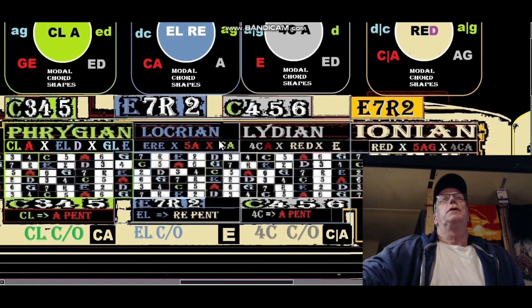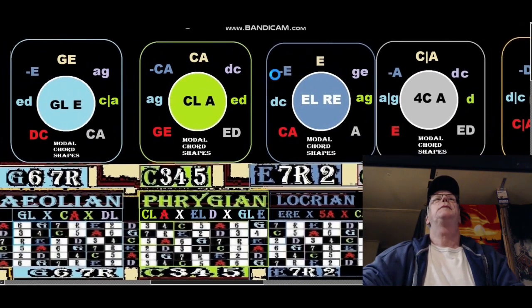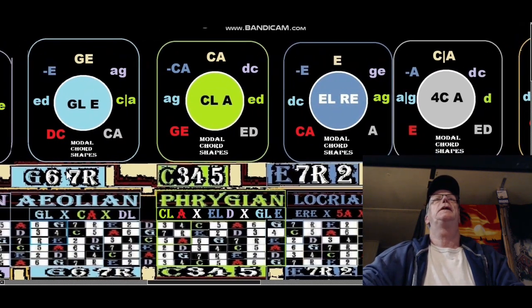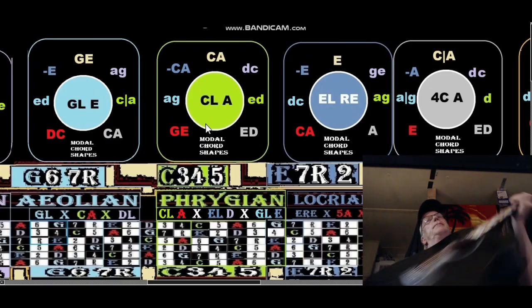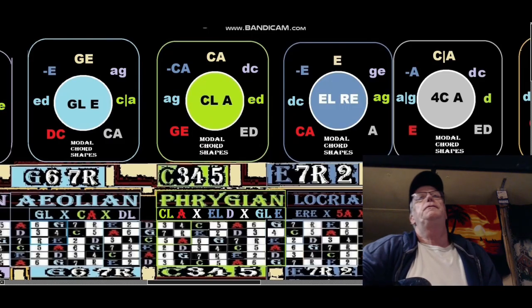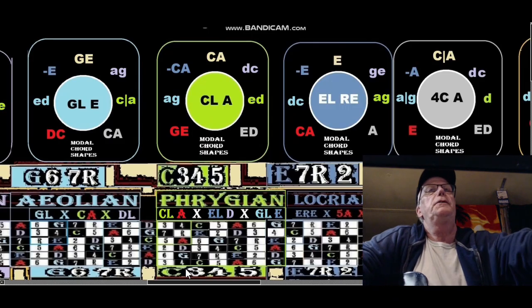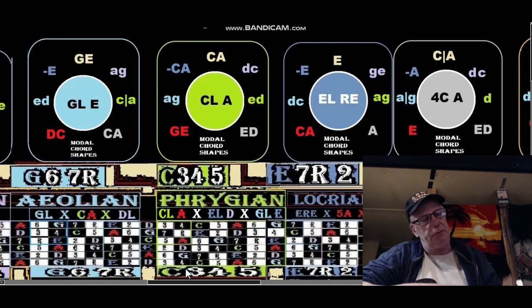Some of them have only one chord shape. We were at Aeolian here, we're at Phrygian here, and we've got double chord shapes. Let's stop and look at Phrygian. We've got 3, 4, 5 on the bottom, so let's put Mr. Capo on the third for the key of C, and that would be where your fret nut is.